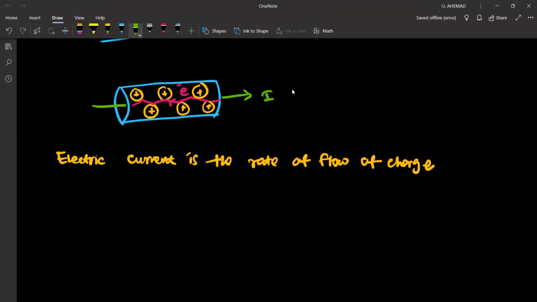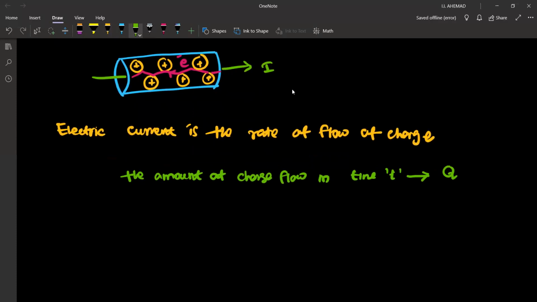Let's say the amount of charge flow in time t is Q. Then the amount of charge flow in unit time will be Q by t.